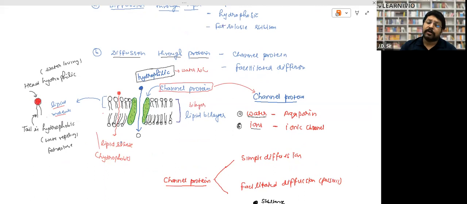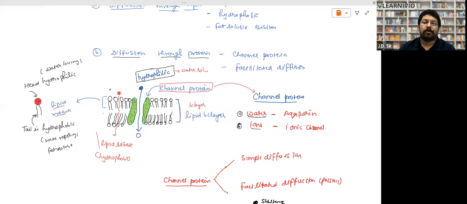But water soluble substances cannot cross this lipid bilayer, in spite of wanting to diffuse in the direction of the concentration gradient. So hydrophilic substances, water loving, water soluble substances, will be transported from higher concentration to lower concentration through these channel proteins, right? So all hydrophilic substances pass through the channel protein, and all lipid soluble substances are transported through the lipid bilayer.